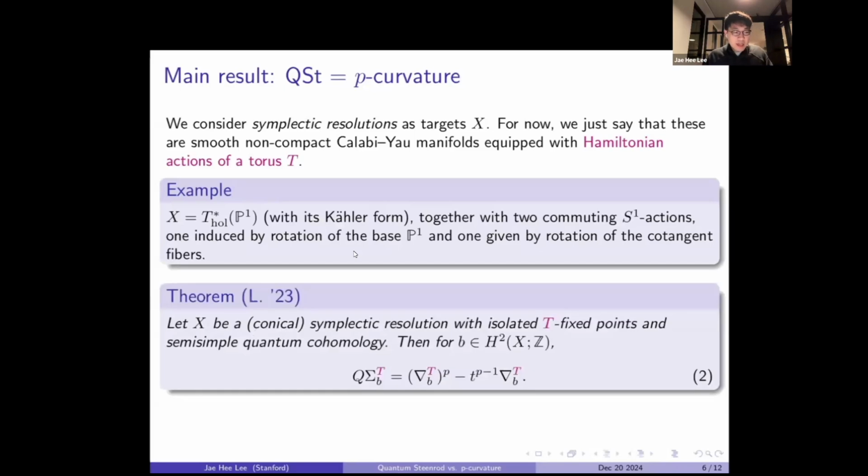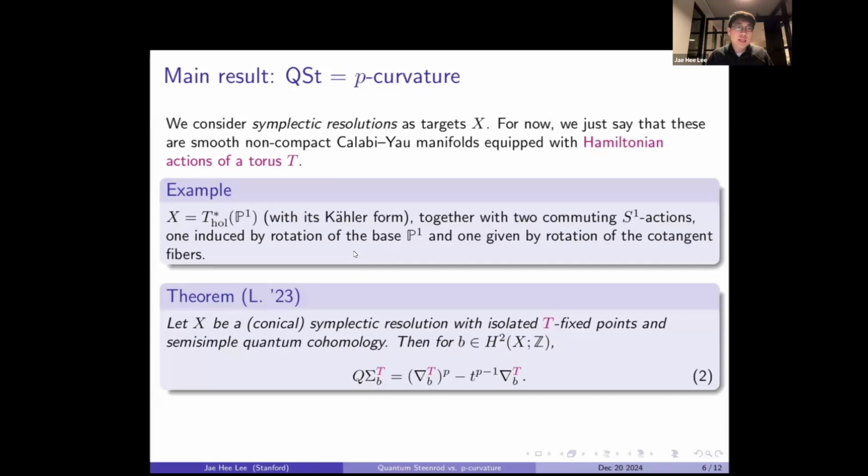So the theorem is that for symplectic resolutions satisfying a certain mild hypothesis, the quantum Steenrod operators on degree 2 cohomology classes can be identified with an expression that is purely in terms of the quantum connection.